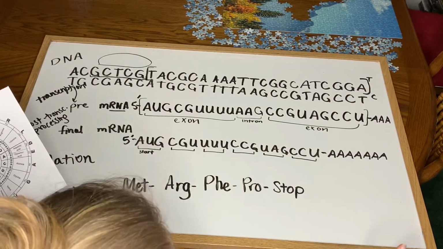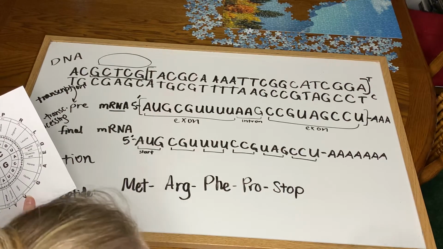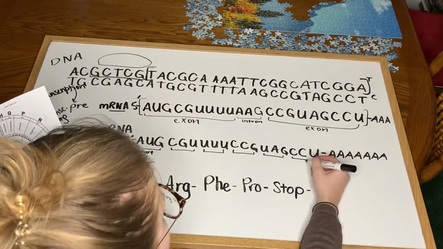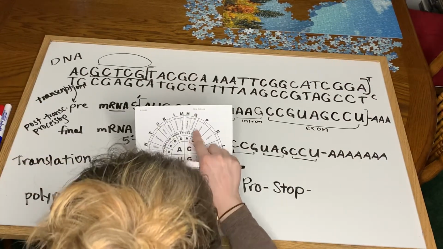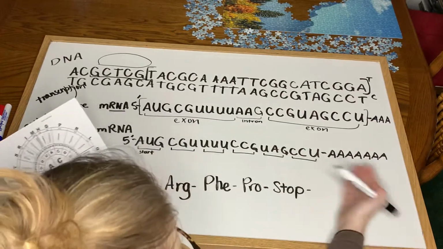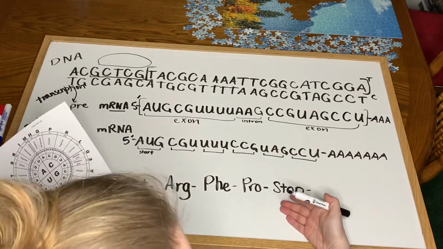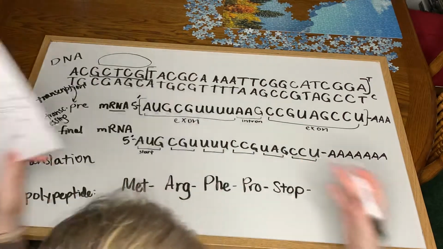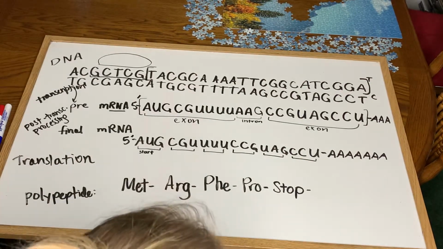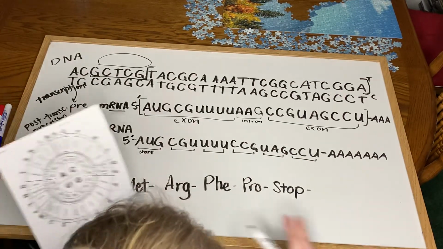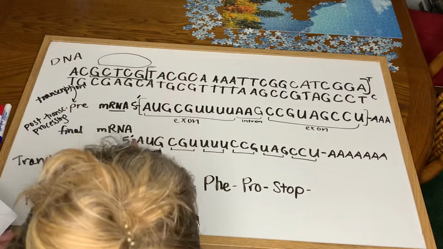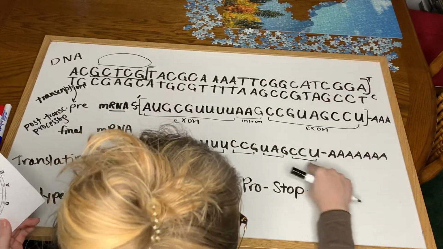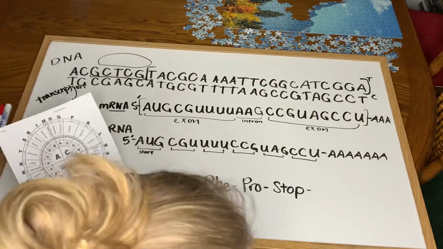And what does stop mean? It means stop. One of the most common mistakes is that students will then go on to do the next codon. CCU is proline again. Stop means stop. The ribosome stops reading and goes to find a new mRNA, okay? So once the ribosome that is reading these codons reaches a stop codon, it stops.